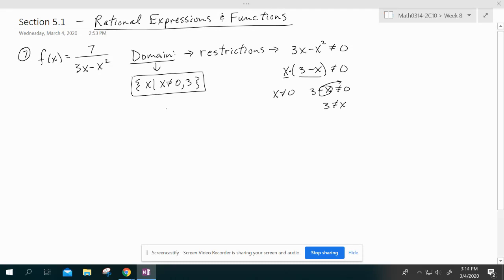Now, let's also write that in interval notation. Are you ready?